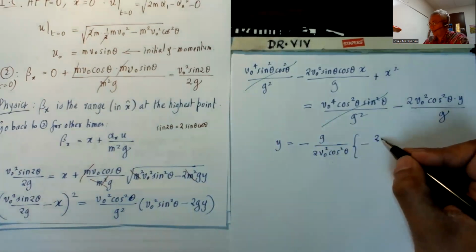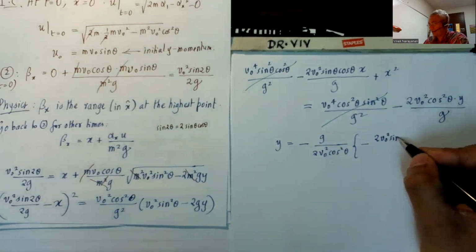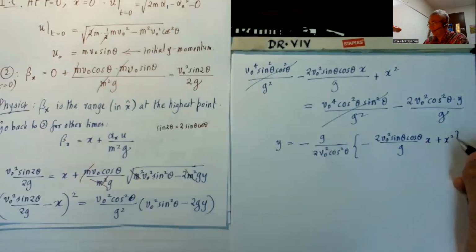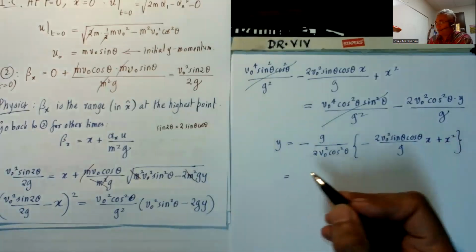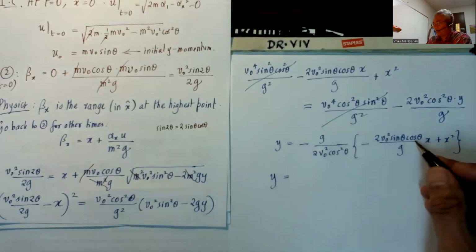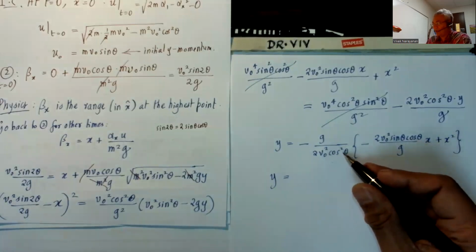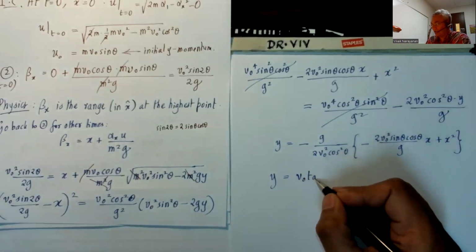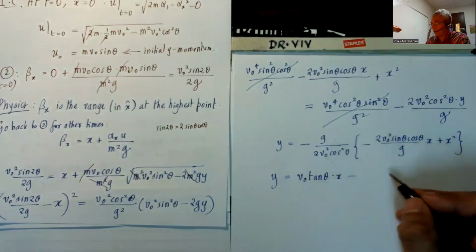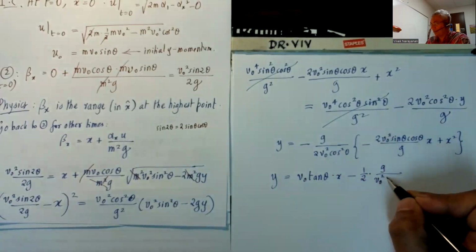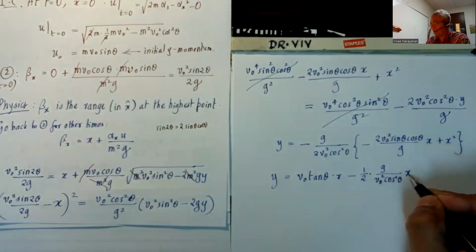And then you have, we're almost there. Multiplying through we know v naught squared cosine squared theta, one of the factors of cosine remains in the denominator. Sine over cosine is tangent. So I get v naught tan theta times x. And here I get 1/2 times g over v naught squared cosine squared theta x squared.